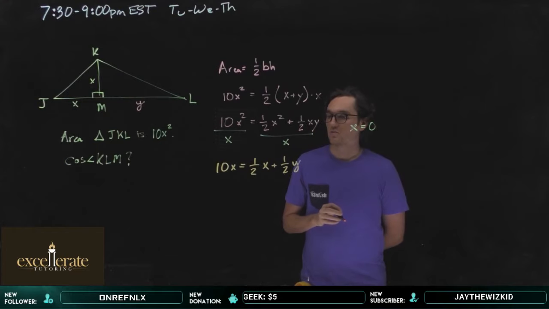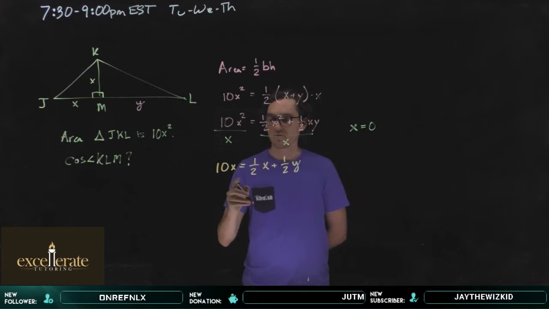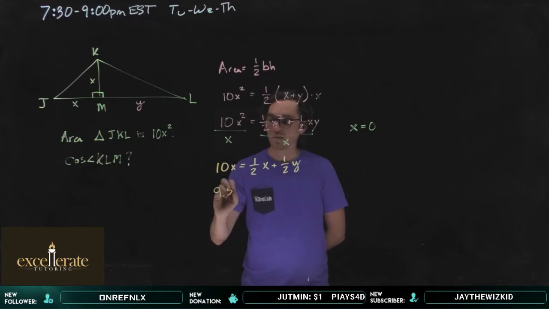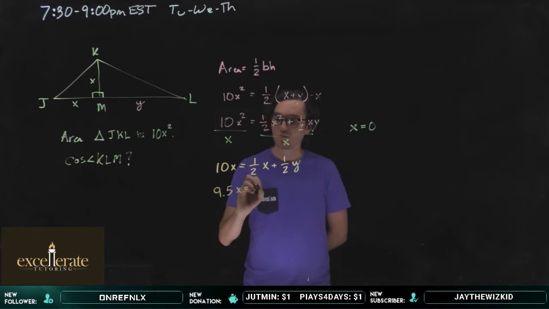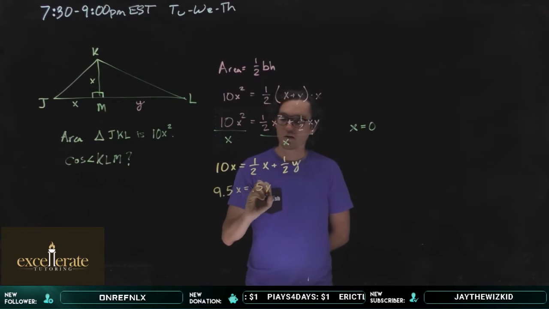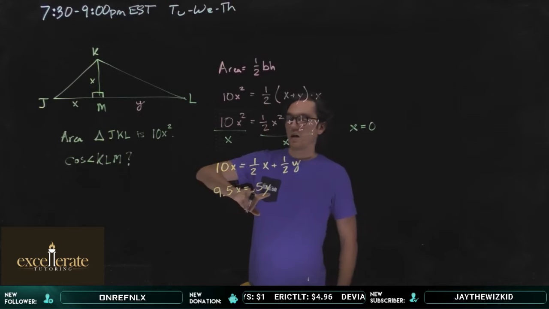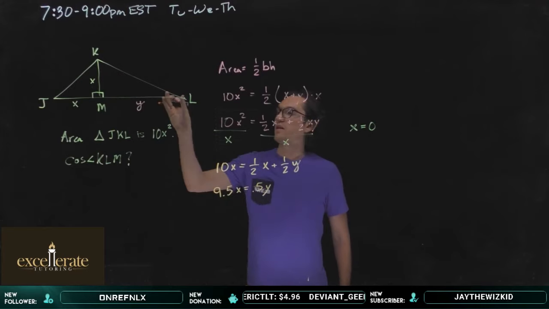So if I combine these things, I'm going to subtract 1/2 x. I'm going to put the x's together, and the y is just going to be off on its own. So we have 9.5x is equal to 1/2 y. And what that means I can do here is I can solve for y in terms of x and put that in for y.